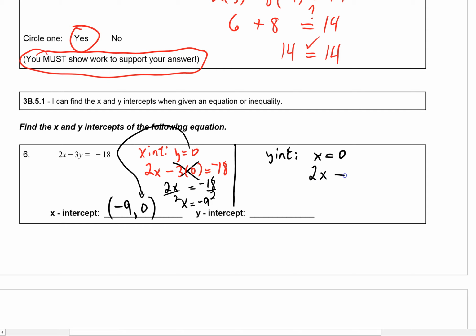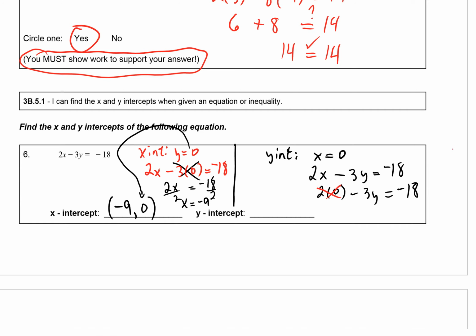We have this 2x minus 3y equals negative 18, and that means 2 times 0 minus 3y is equal to negative 18. 0 wipes everything out. Again, that's kind of like that cover-up method that we talked about earlier. That's why that works.